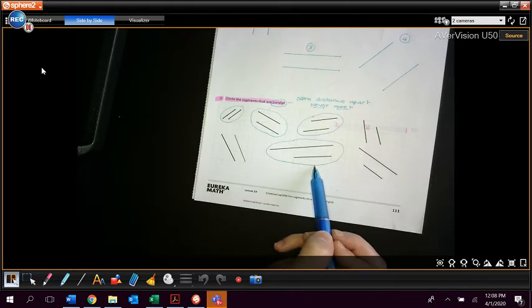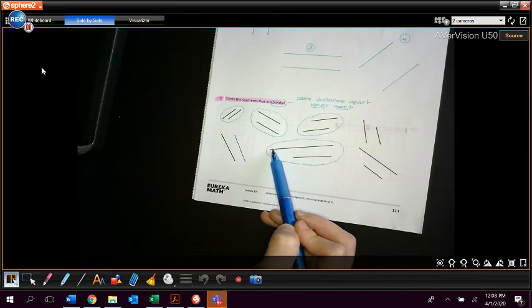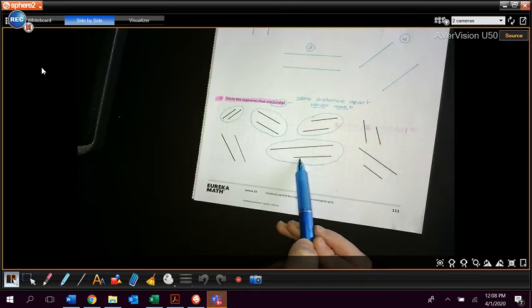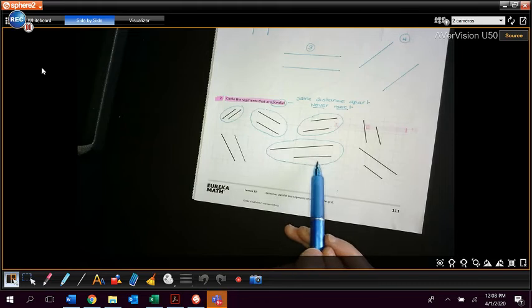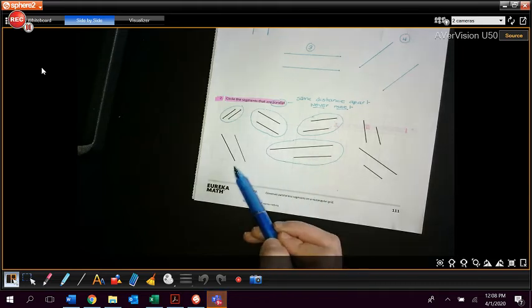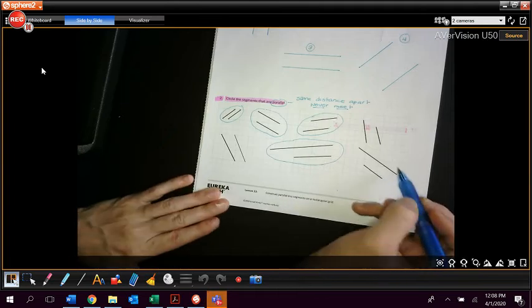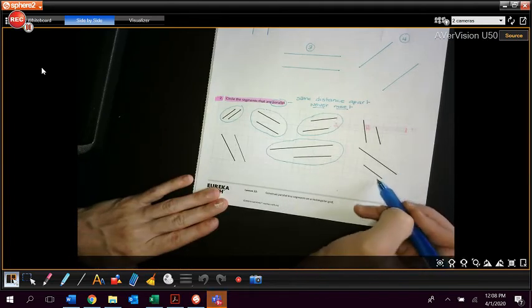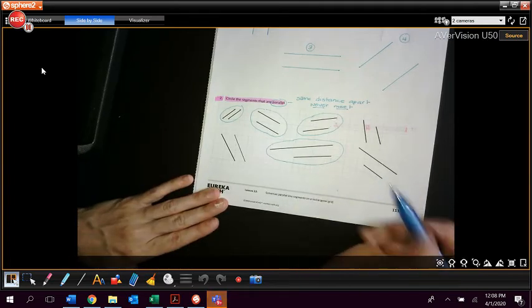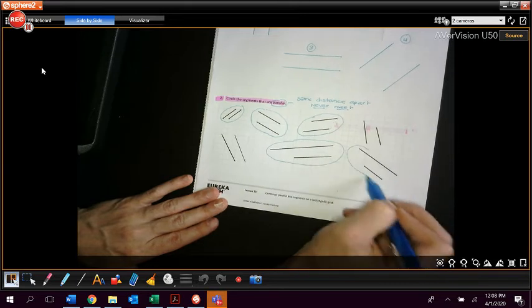A lot of you would not circle this, I'm assuming because you would think, oh, well, the line on the top is longer than this one. That does not necessarily mean anything, because remember, lines go on forever. So if these lines go on forever, they would not meet. Just because this one is longer than this one does not mean that they're not parallel. They are parallel because they would never meet.